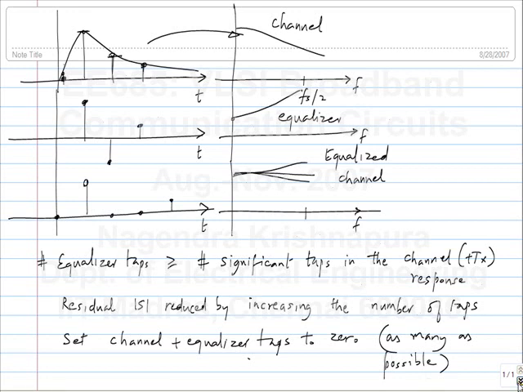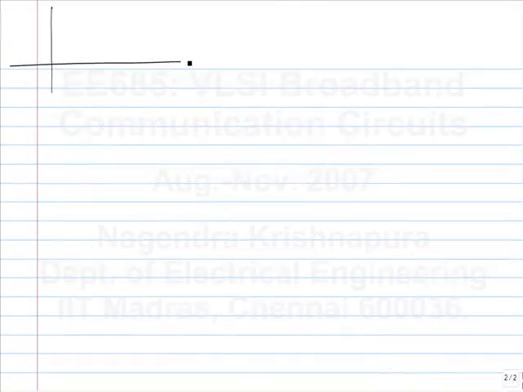So let's just go through the steps quickly again. If you look at the response to a single pulse, the response of the channel looks something like this. If you send in a pulse of unit amplitude, you will get a cursor which is less than unity. Okay. This is because of spreading of the energy over other taps, and you will get something like this.